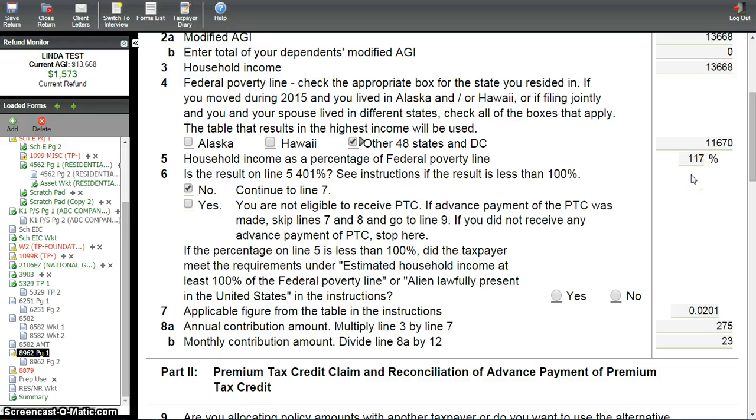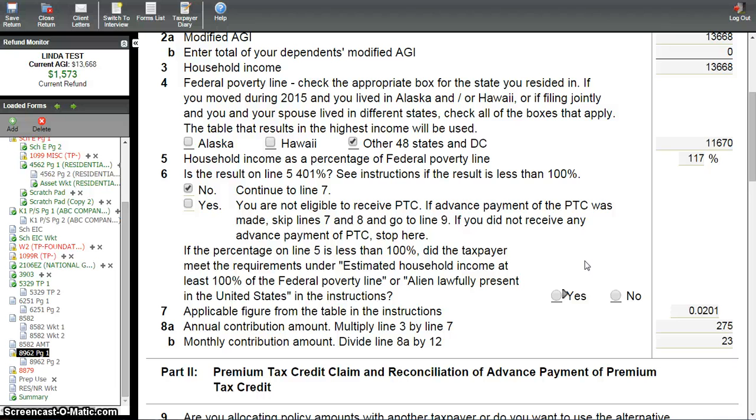There are a couple of exceptions to being under 100% of federal poverty level. If this figure had been under 100%, then you would need to answer these questions here in number 6. The two exceptions are for aliens who are lawfully present in the U.S. When someone enters the country lawfully, for the first 5 years of their presence, they're not eligible for Medicaid.